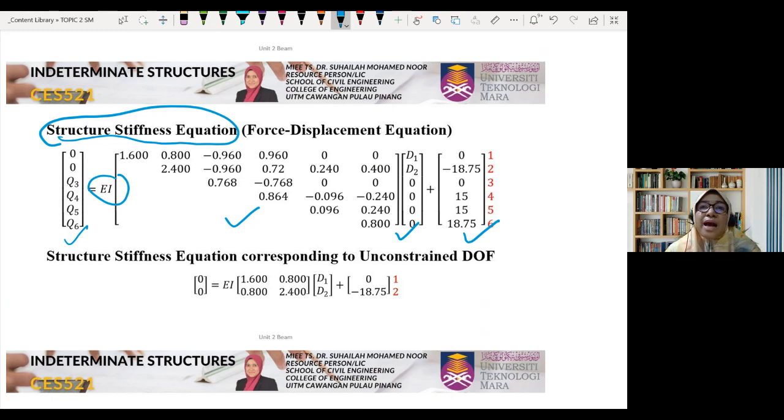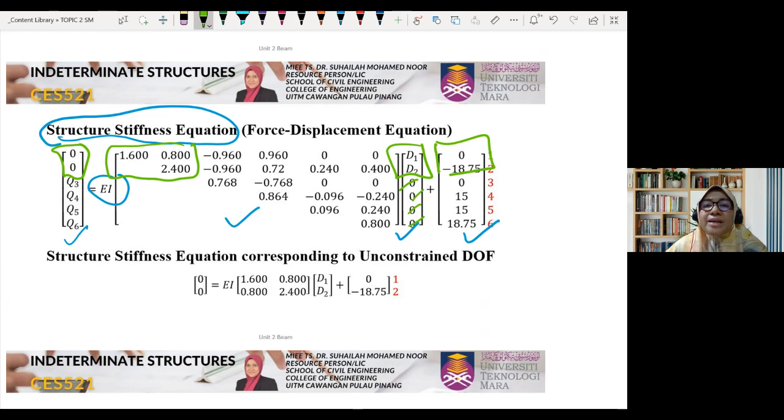And we will analyze this using matrix multiplication. And since here is 0, 0, 0, 0, what we actually do is we only analyze this, this, and this.